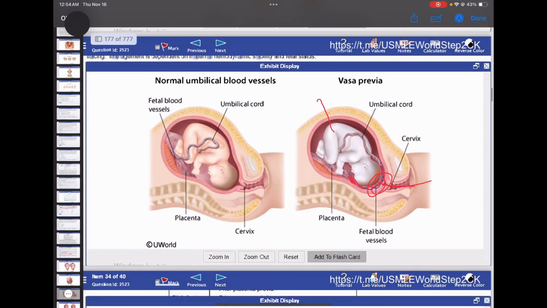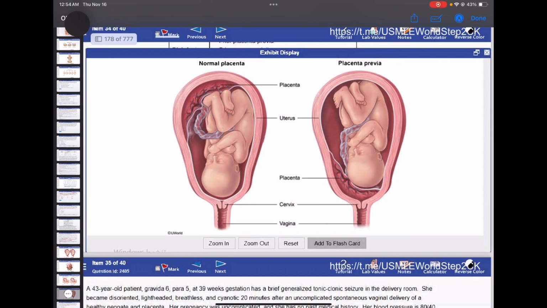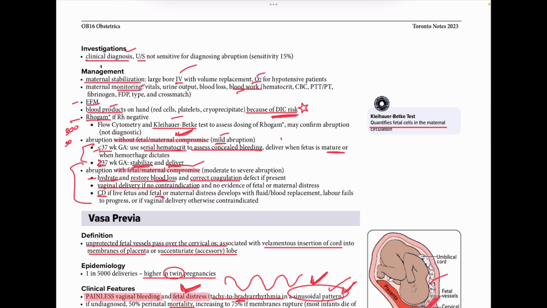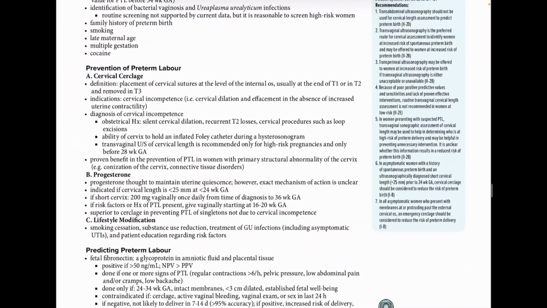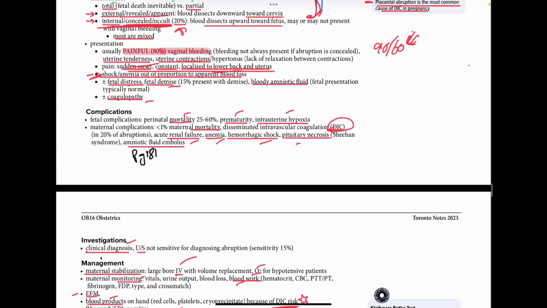But from now I remember this one is also painless. Both previas are painless. And then this is the normal placenta, and this is placenta previa, overlapping the internal cervical os. Then I have one more question regarding placenta previa.